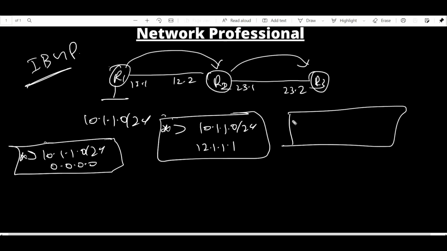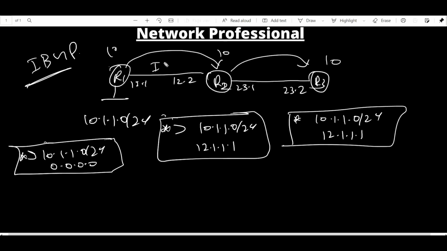Now how will R3 make an entry? Star, 10.1.1.0/24. Next hop is 12.1.1.1. Here you will not find the greater sign. Why? Because 12.1.1.1 is not reachable from R3 and I am using iBGP. I am using AS 100 over here, 110 over here, 10 over here and 10 over here.